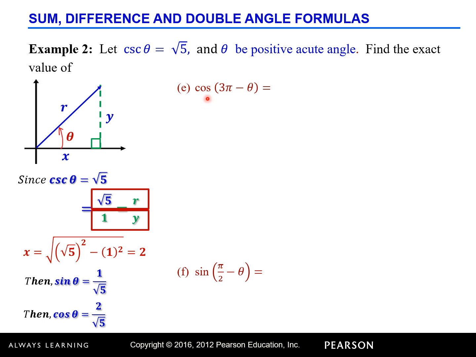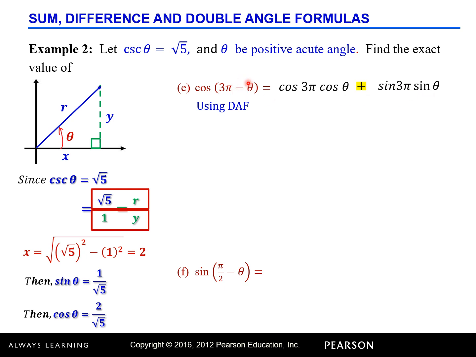Then to continue, we have cosine of 3 pi minus theta. This is a difference angle formula for cosine, so we can use DAF, or difference angle formula. So we have cosine 3 pi cosine theta, then plus sine 3 pi sine theta. Let us check: 3 pi is the first angle and theta is the second. Cosine is cos, cos, sin, sin.